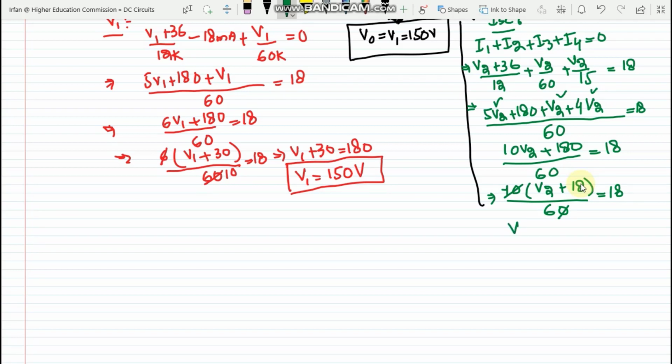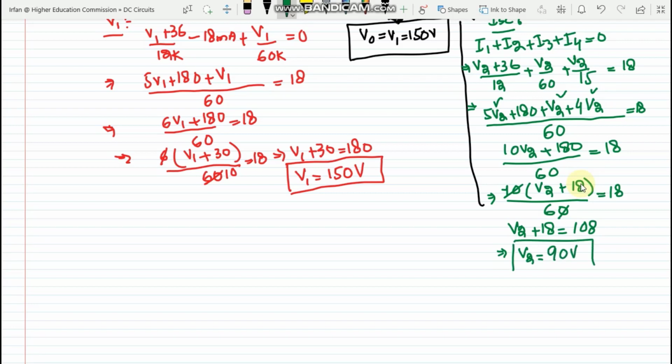I will get here v2 plus 18 equal to 18 multiplied by 6, which is 108. Multiplying both sides by 6, I will get 108, and similarly the value of v2 would be 108 minus 18, and so I will get here 90 volts.